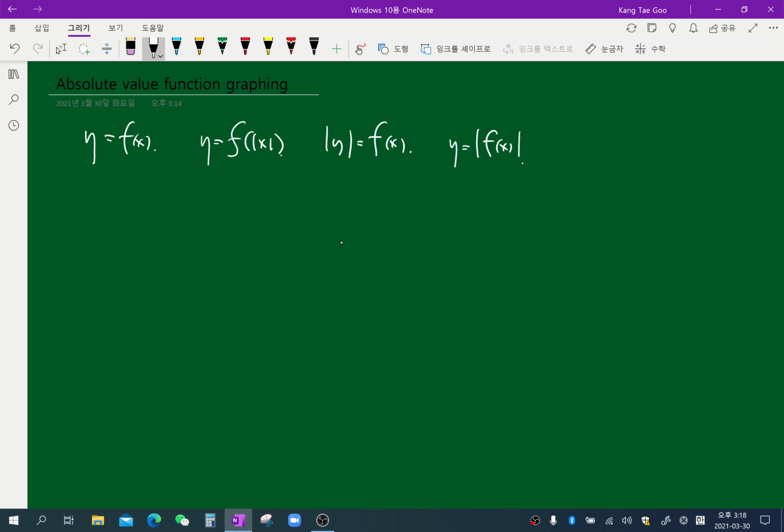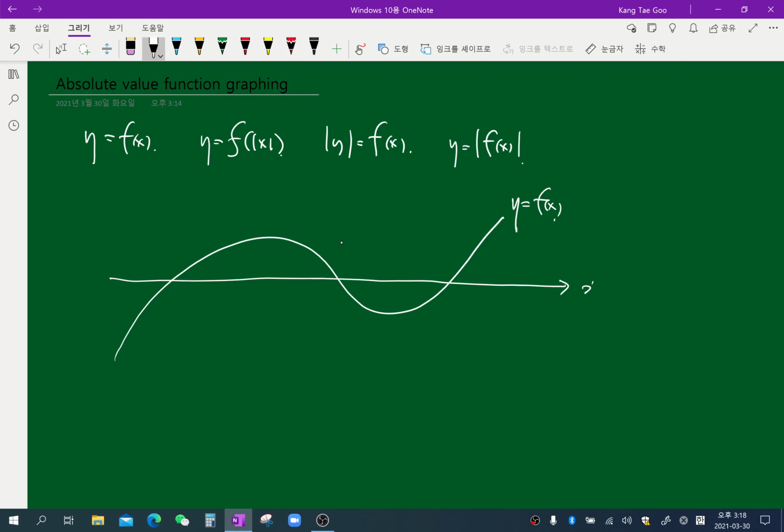Today I will explain how we can graph those functions. So, if we have y = f(x) here, then the x-axis is here, and the y-axis is here.